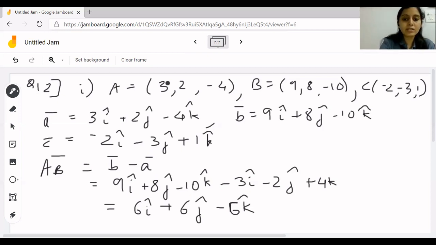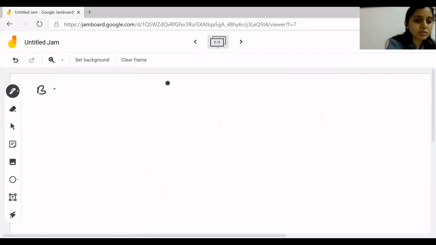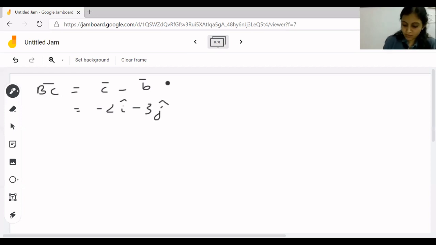Let us find out BC bar now. BC bar is equal to C bar minus B bar. So vector C bar minus B bar will be minus 2i minus 3j plus k minus 9i minus 8j plus 10k.